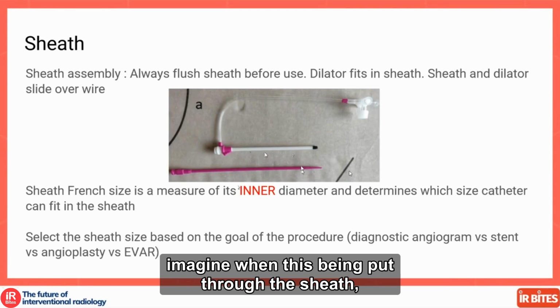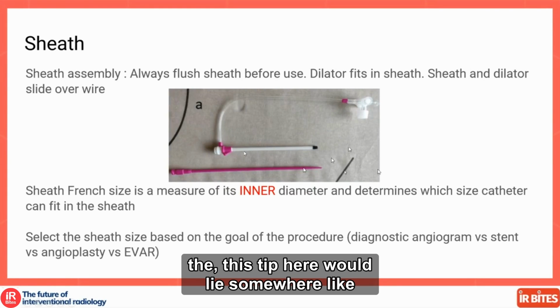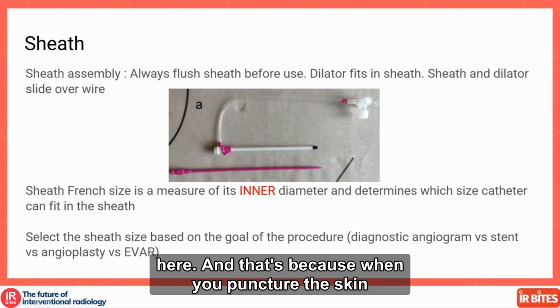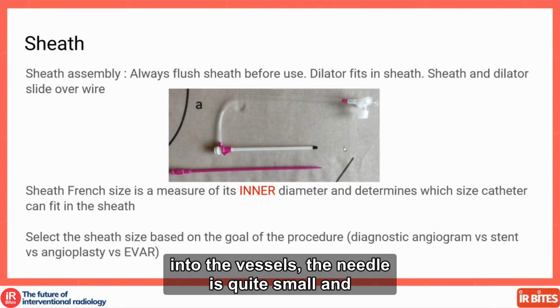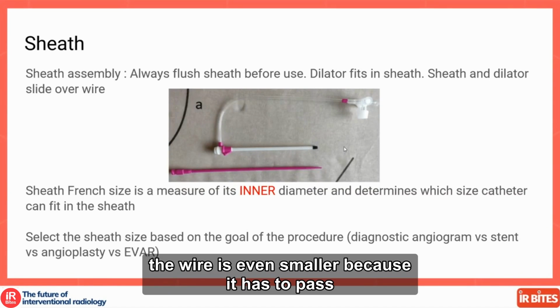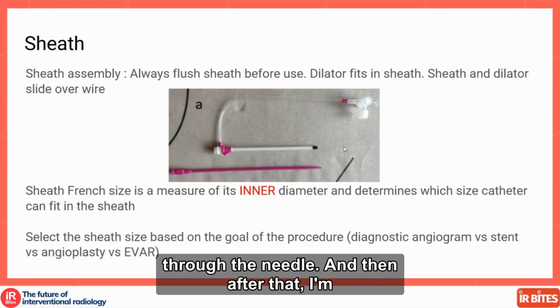If you imagine this being put through the sheath, this tip here would lie somewhere like here. That's because when you puncture the skin into the vessels, the needle is quite small and the wire is even smaller because it passes through the needle.